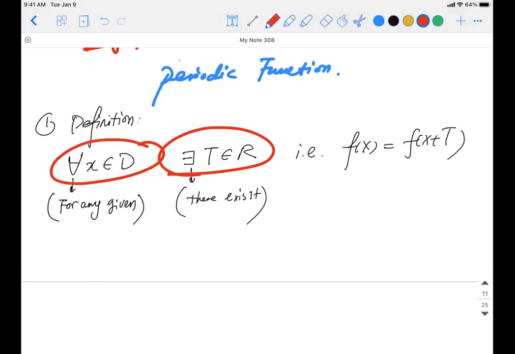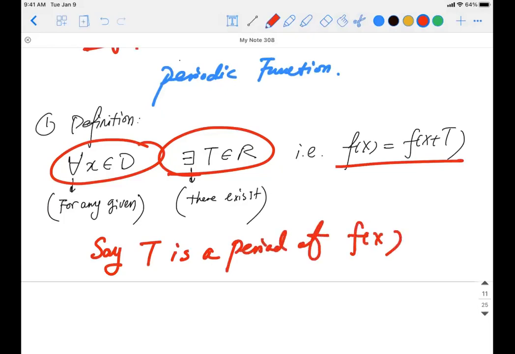There must exist a T belonging to the real numbers. You can't give me a complex number or something. A real number such that f(x) equals f(x plus T). Then you can say T is a period of f(x).